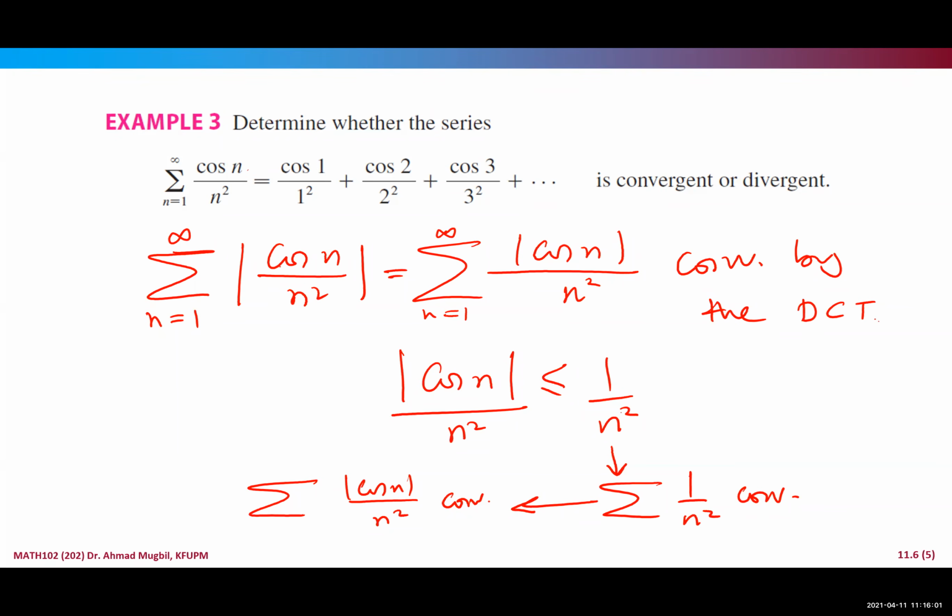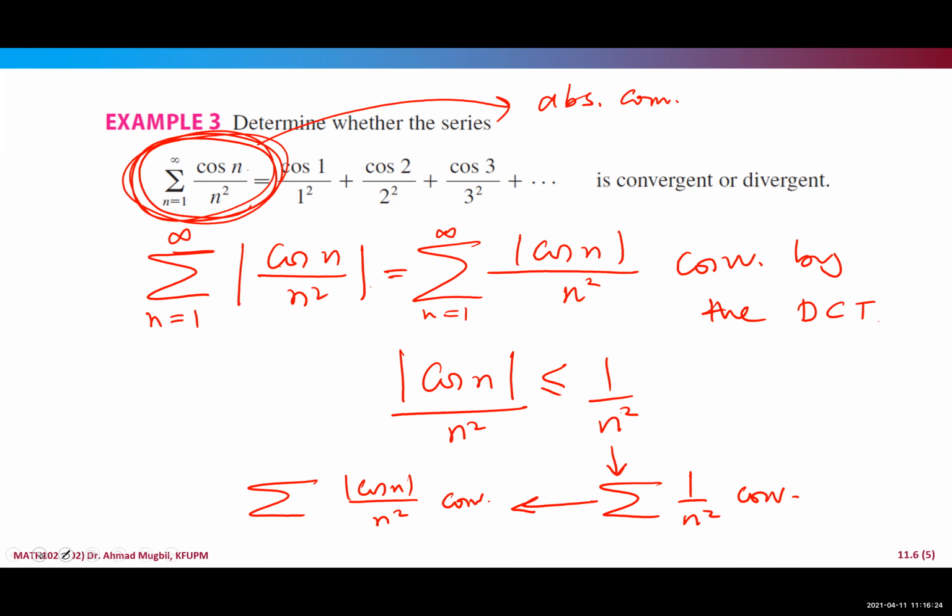So the series of the absolute values is convergent. What is the decision about this one? Absolutely convergent, because the series of the absolute values is convergent.